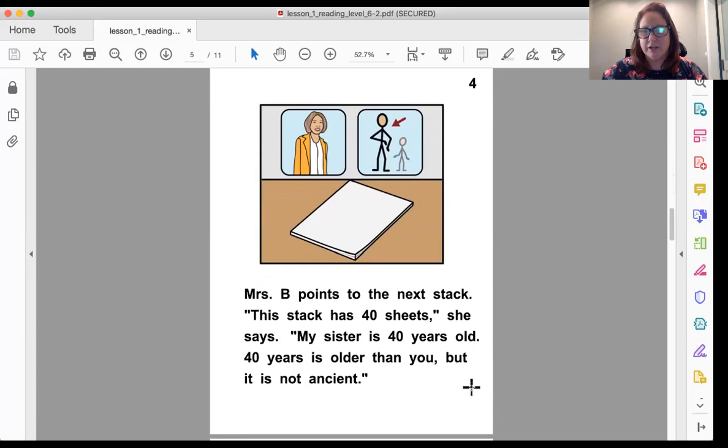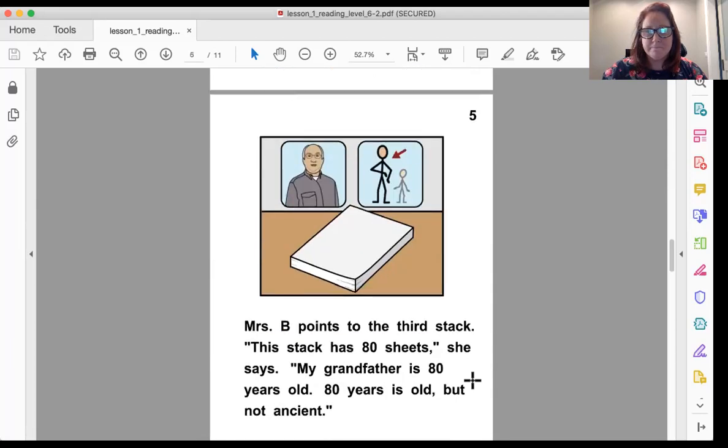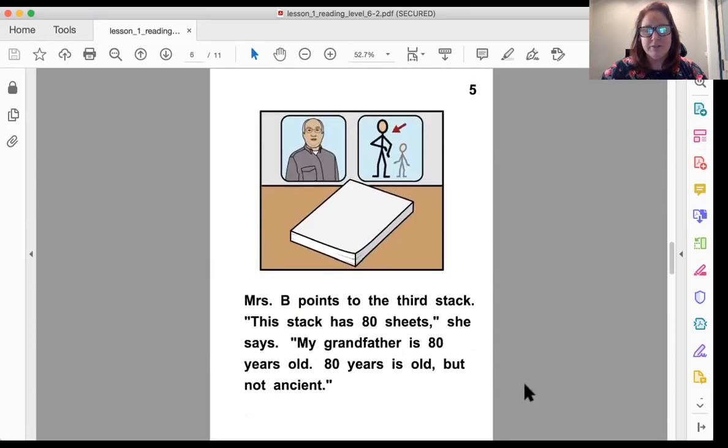My sister is 40 years old. 40 years is older than you, but is not ancient. Mrs. B points to the third stack. This stack has 80 sheets. She says, my grandfather is 80 years old. 80 years old is old, but not ancient.